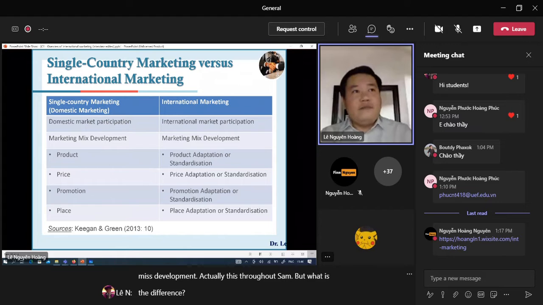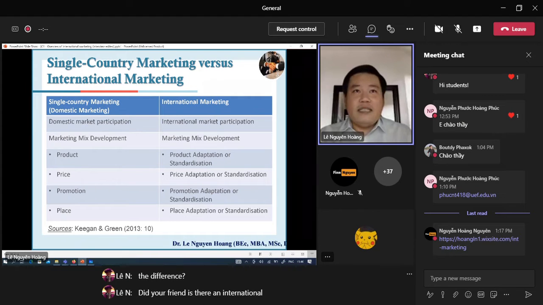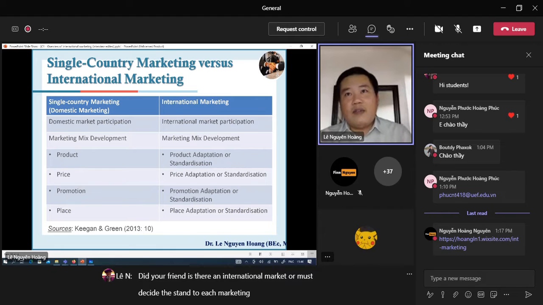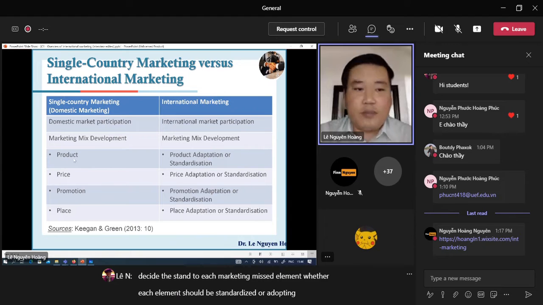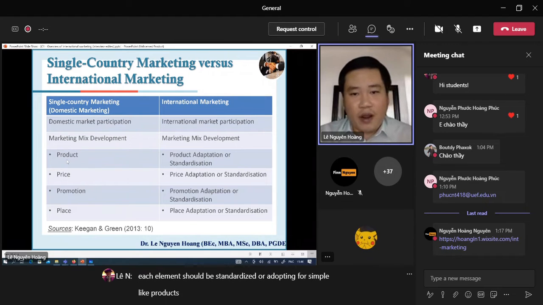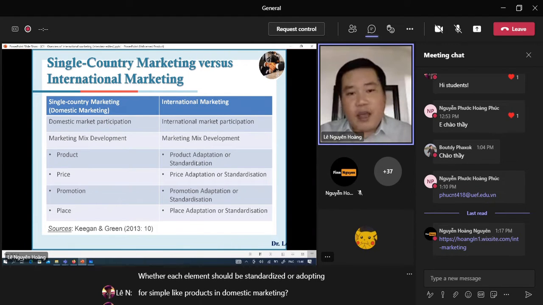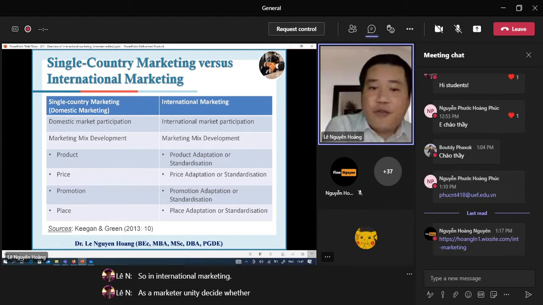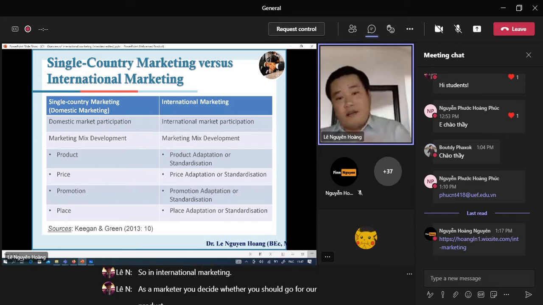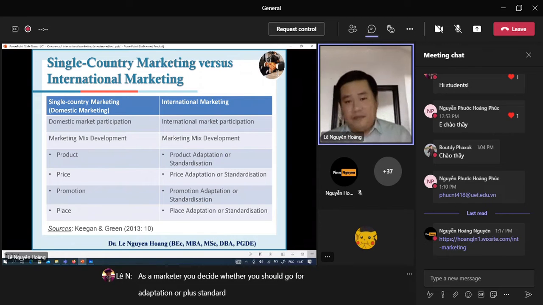The difference is that an international marketer must decide the extent to which each marketing mix element should be standardized or adapted. For example, products in domestic marketing. In international marketing, as a marketer, you need to decide whether you should go for product adaptation or product standardization.